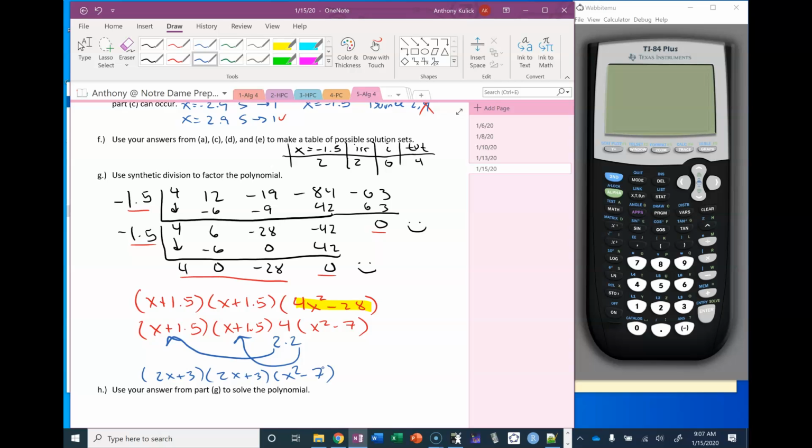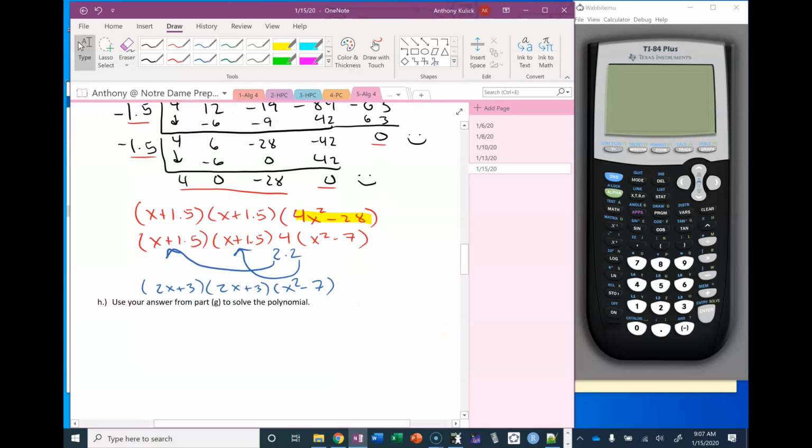Because it's kind of weird to say, okay, here's this polynomial that has all integer coefficients. Here's its factored form that has decimals in it. That's kind of weird. All the factors should be integers, coefficients. And all we had to do was a little bit of rearranging to get that.